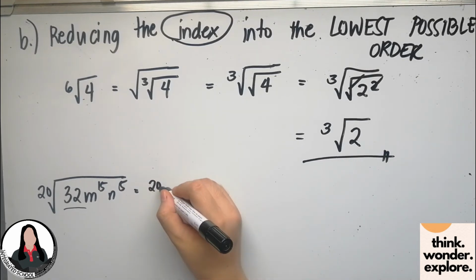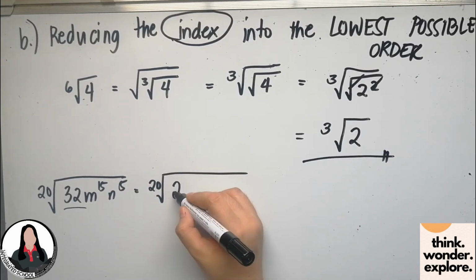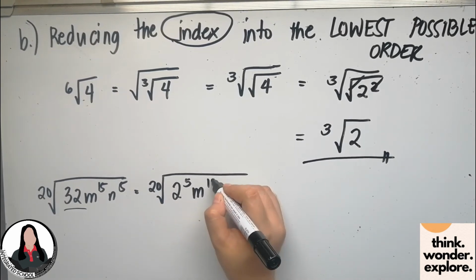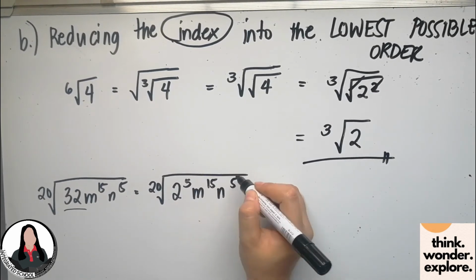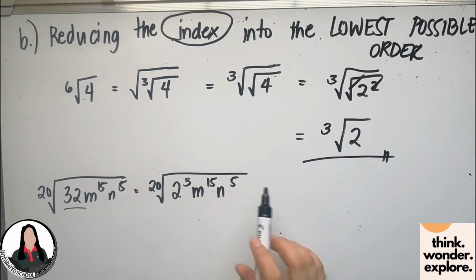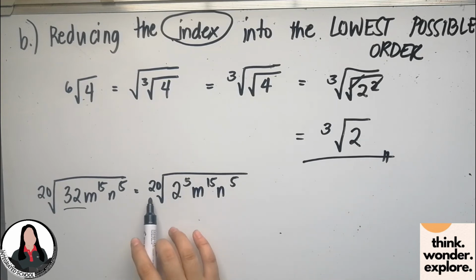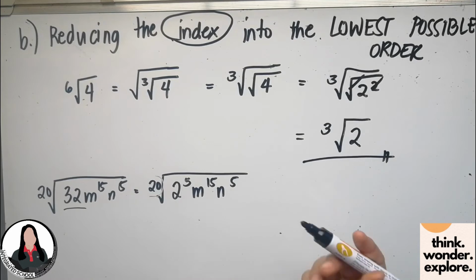So, that is 20th root of 2 raised to 5, m raised to 15, n raised to 5. Okay? And then, pansinin natin ng exponents ay pare-parehas divisible by 5. Ibig sabihin, ito ay isang clue kung saan pwede nating gamitin ng index para ma-reduce or ma-simplify ang ating radicand.